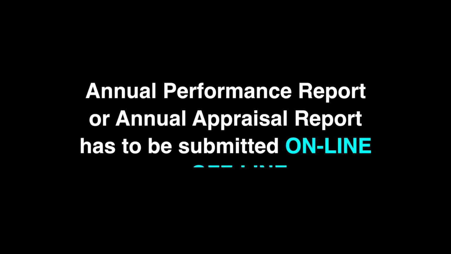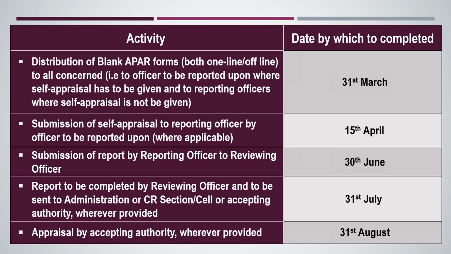For these annual confidential reports or annual performance reports, you can submit online or offline. Make sure the timeline stipulated by the government of India is followed. The first timeline is that the APR format should be available online by 31st March of the respective year.